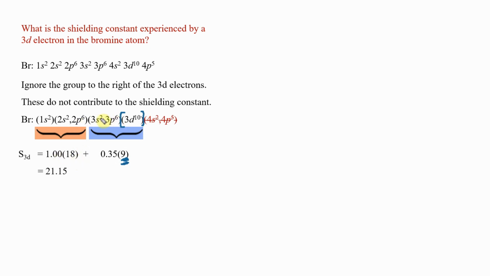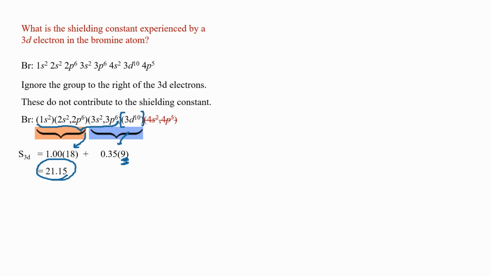So there is 6, 7, 8, 8 plus 6, 14, 15, 16, 17, 18. This looks like n minus 1, but for a d electron you treat all of this together. So 18 times 1 and 9 times 0.35, 21.15 is what you're going to get as an answer.